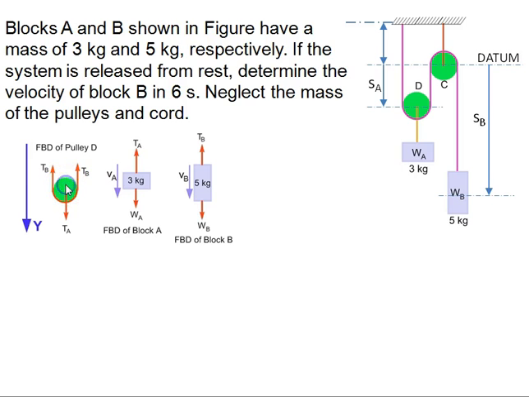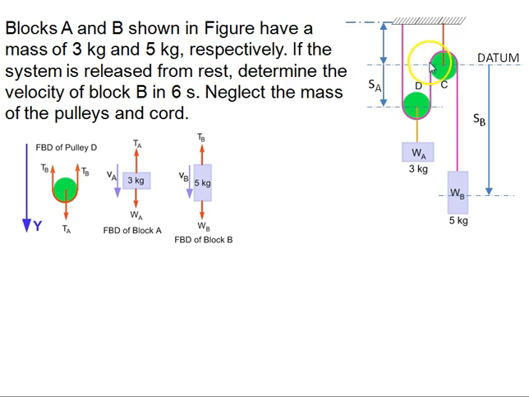Pulley D is shown over here, and TA is the tension in this rope shown in orange color, and this whole tension in this whole cord is the same, of course, assuming there is no friction at all the points of this contact angle of wrap.